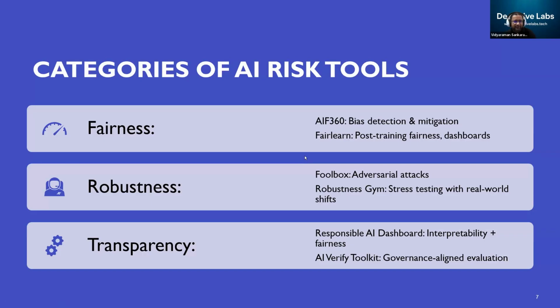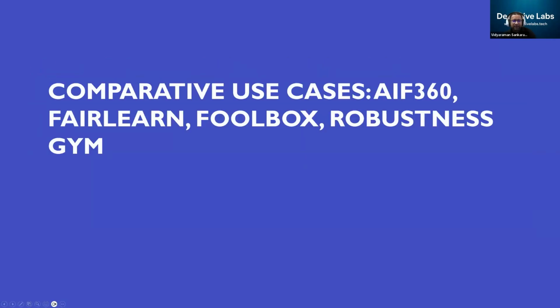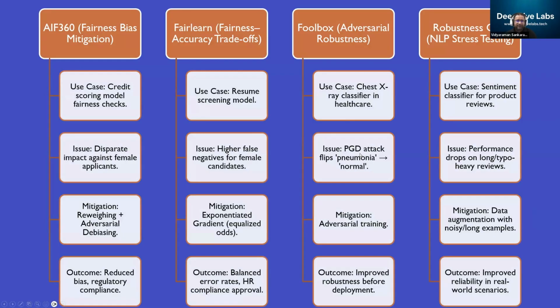Again, if you would like to have a recording, or if you would like to get the deck from earlier, please contact us. The other thing that we had also talked about was the comparative use case on when to use which particular tool. So this is again a summary slide for when to use each one of these tools specific to a use case, and then the specific issue that the use case was making clear, or the nuance that needed to be distinguished in that use case.